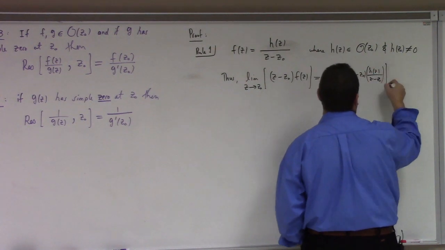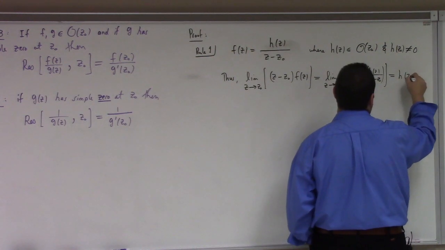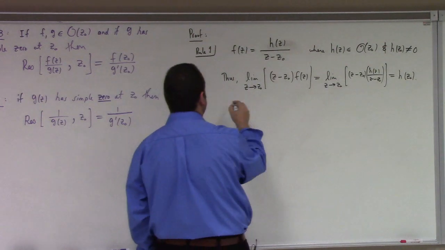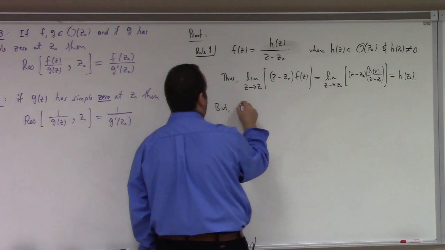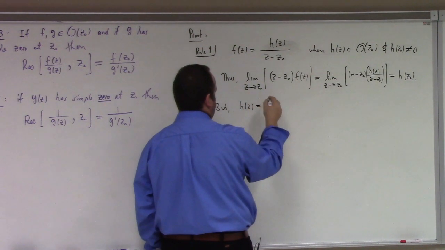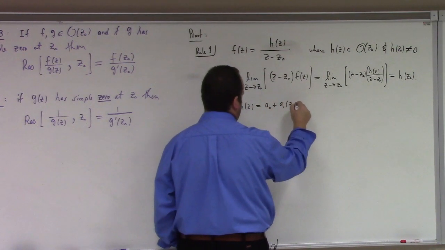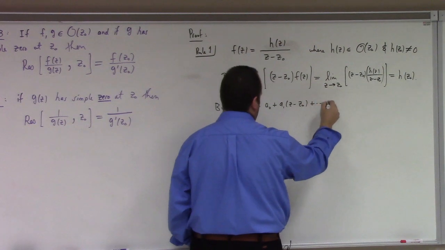Sorry, I'm getting to the point very, very slowly here. But what is h of z naught? So h of z is analytic at that point, so it's got a0 plus a1 times z minus z naught plus and so on.